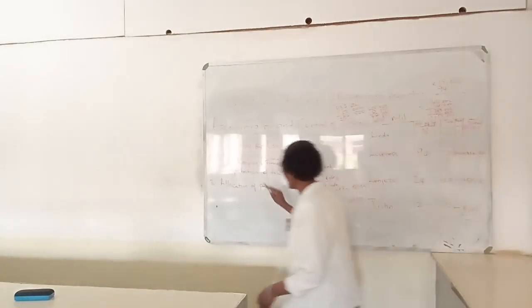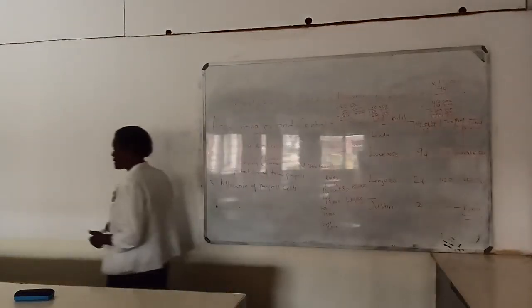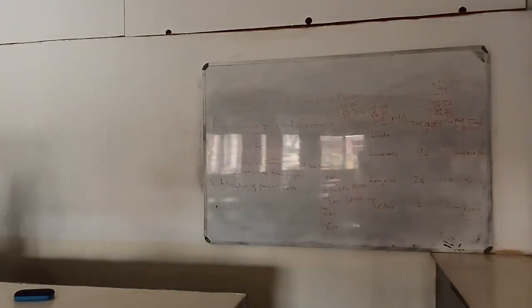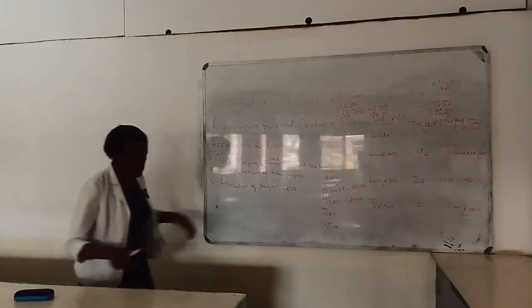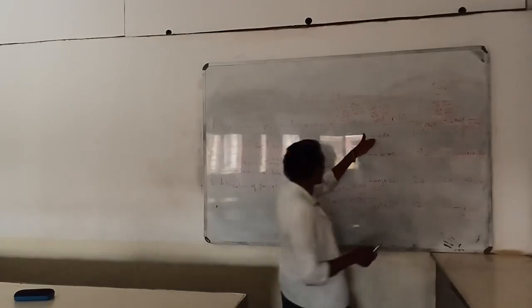So when we're talking about computation of payroll, these are some of the things that are involved. And then we are supposed to go to the allocation of payroll costs. Allocation is nothing apart from these people having salaries.